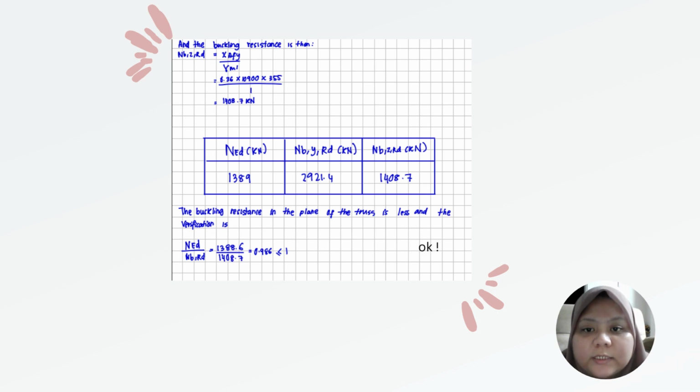And the buckling resistance is 1408.7 kilonewton. The buckling resistance in the plane of the truss is less, and the verification is NED over NBRD equal to 0.988, which is less than 1, which is okay.